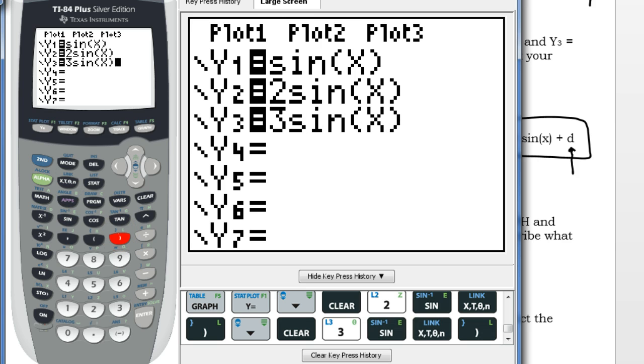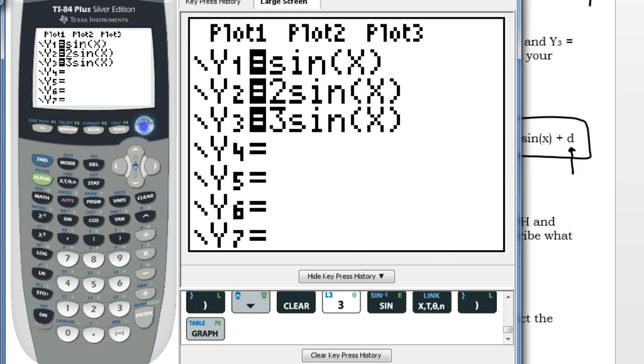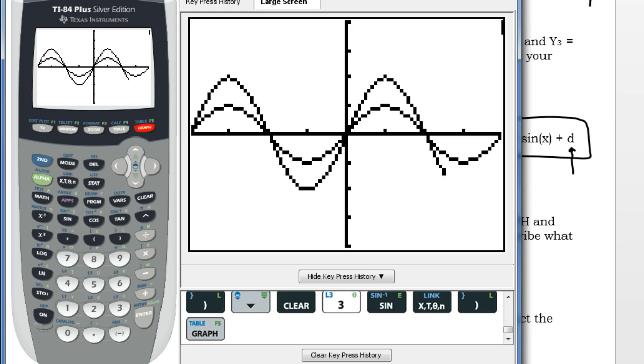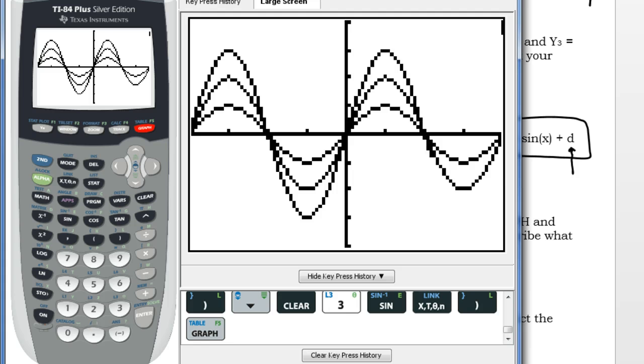So if we want to, we can make a prediction about what we think will happen before we hit graph. But once I hit graph, I see my sine of x. And then my 2 sine of x got taller, but it also got lower. So essentially the whole graph got stretched vertically, and 3 got stretched even more. We can predict that 4, 5, 6, the higher the value, the higher it stretches.